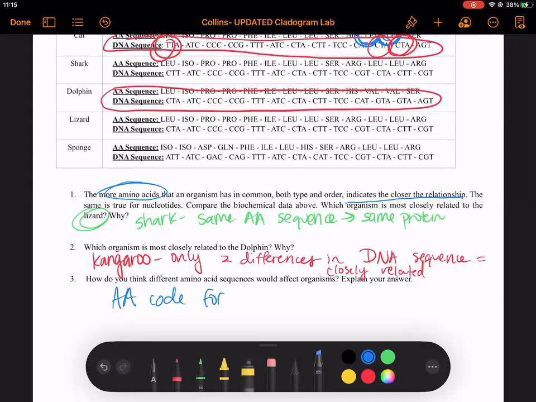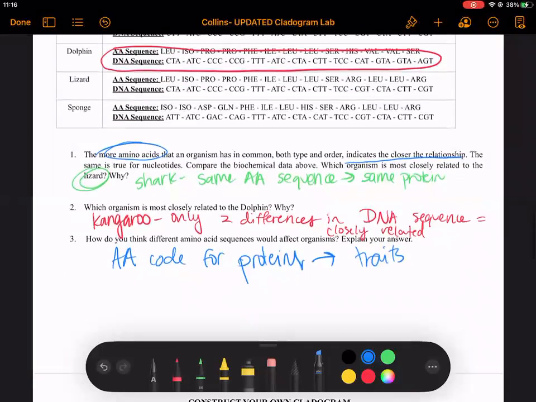So eventually we're going to get traits, but amino acids, when they string together, create what? They're the building blocks of what molecule? Starts with a P. Proteins. Proteins, right? And then proteins are what code for those traits, as you told me. So how would different amino acid sequences affect organisms?